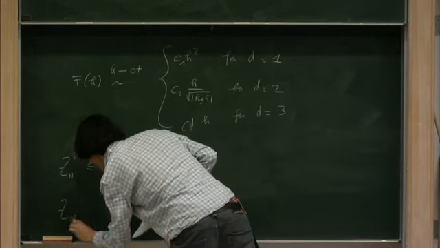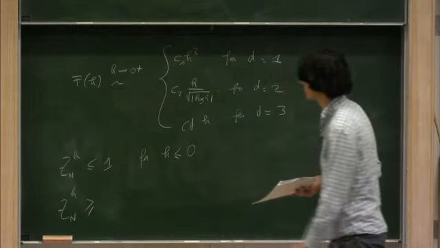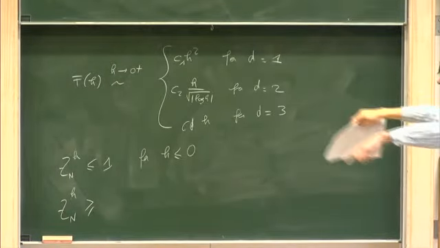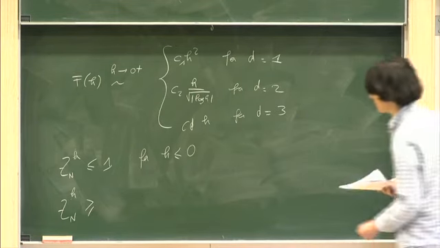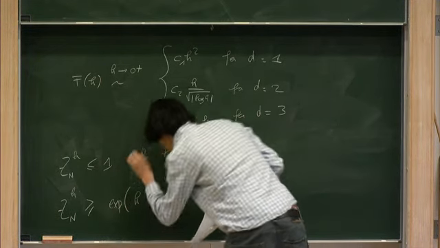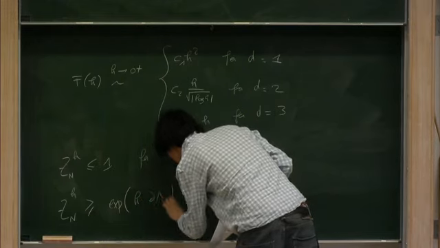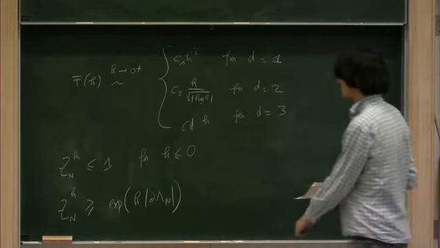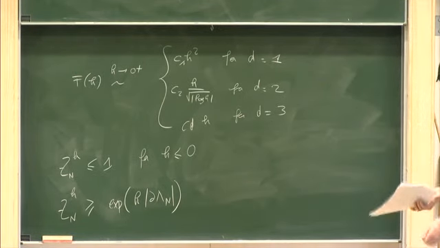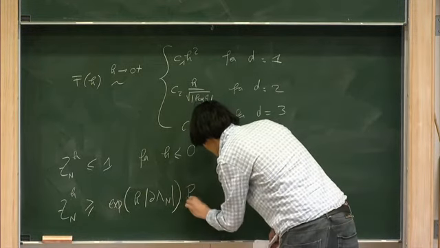You can say that Z_{n,h} is larger than, okay, you have some contact that you cannot avoid due to my definitions. All the boundary points are contact points, so you have to take them into account. But apart from that, I can imagine a strategy where I have no contact in the inside of the box, and this gives me a lower bound for the partition function.